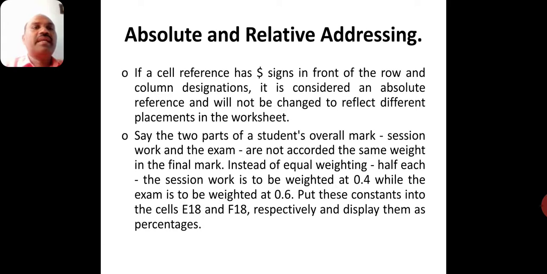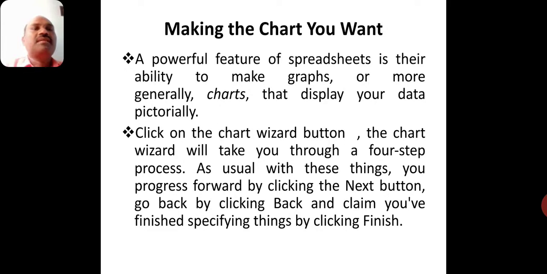Instead of equal weighting, the session work is to be weighted at 0.4 while the exam is to be weighted at 0.6. Put these constants into cells E18 and F18 respectively and display them as percentages.